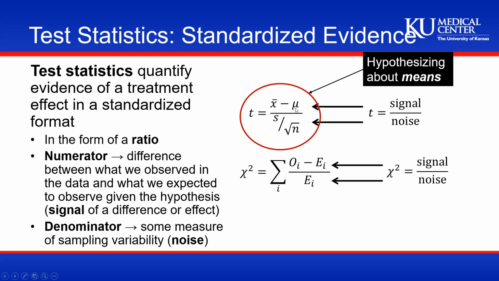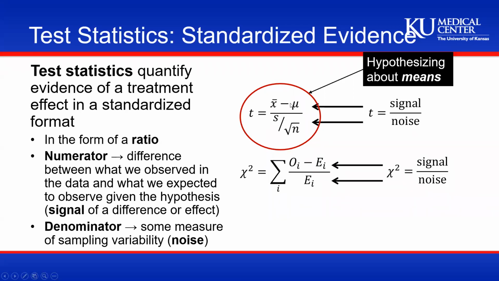So we hypothesize that there's no difference. This is a 0. And this is whatever the difference was. So this is the deviation between the observed data and the hypothesized data, or the hypothesized reality. And the bottom is the standard error of the mean, which is a function of both the sample size and the standard deviation of LDL cholesterol. So this is a measure of sampling variability or noise.